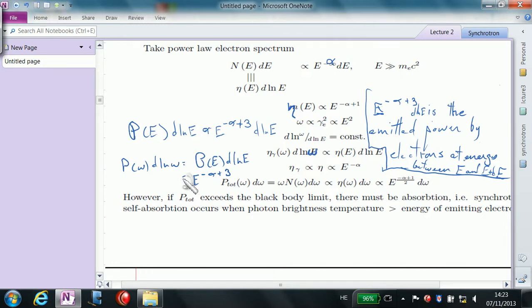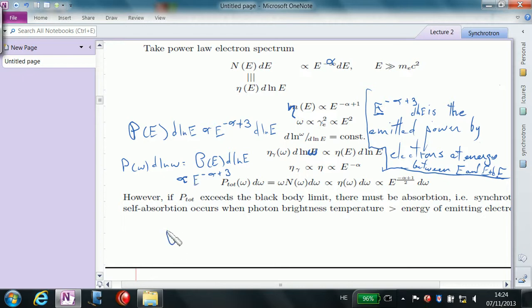Yeah, proportional. E is proportional to root omega. D log E.